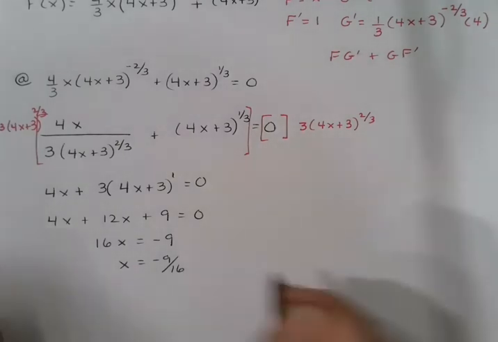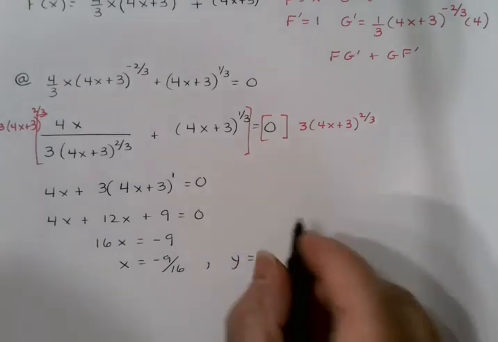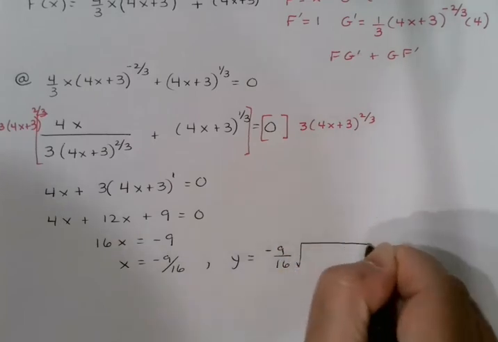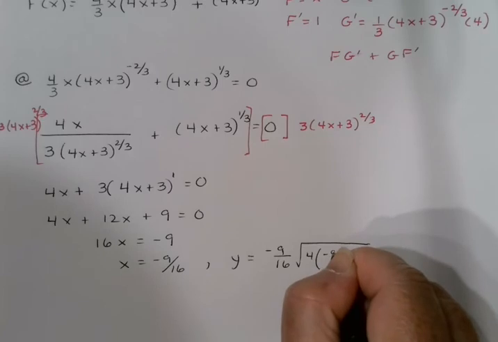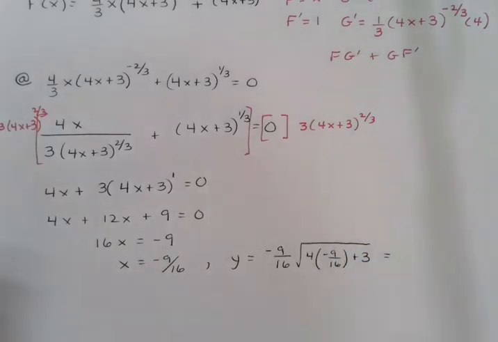We wanted the points, so to get the y value, I'll just plug that x back into the original function. And I'm probably going to end up getting a decimal, we'll see. Yeah, nothing too nice there.